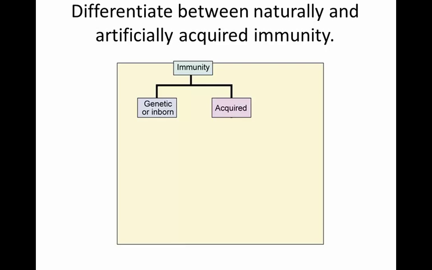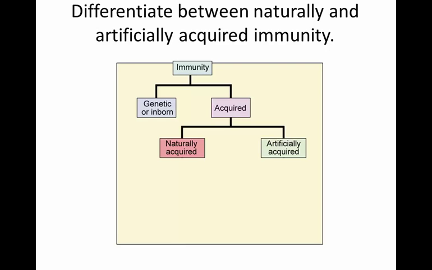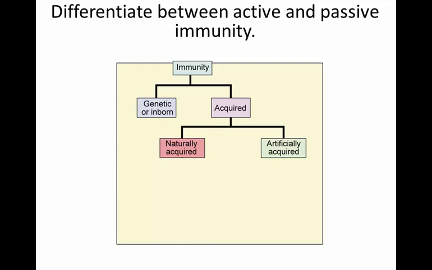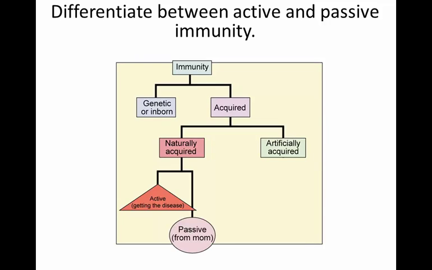Acquired immunity actually breaks down into 2 categories: naturally acquired and artificially acquired. The difference between the two is in naturally acquired immunity, someone actually gets the disease. Artificially acquired immunity is more man-made, if you will, and we'll take a closer look at that one in just a moment. But each of these break down into two subcategories, active and passive immunity.